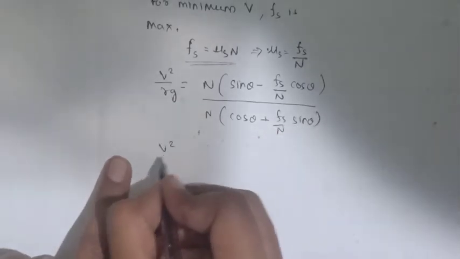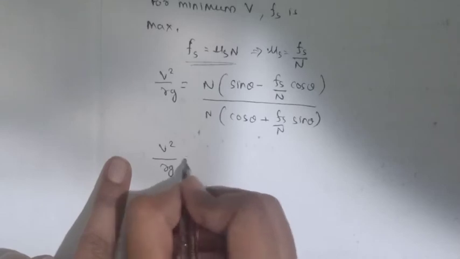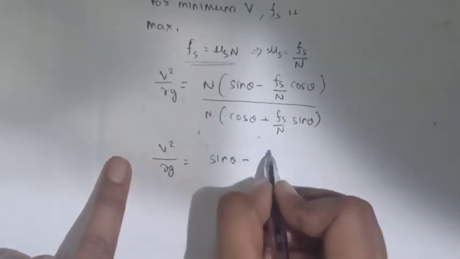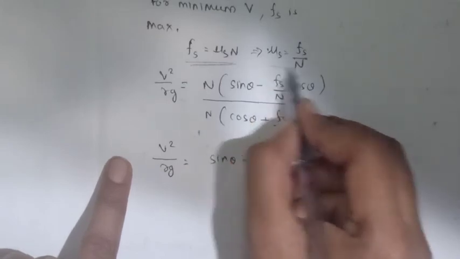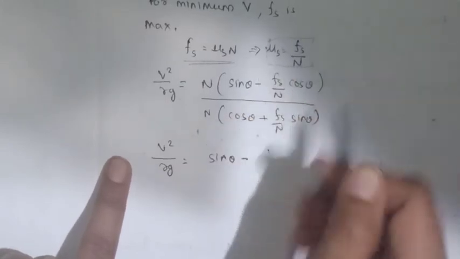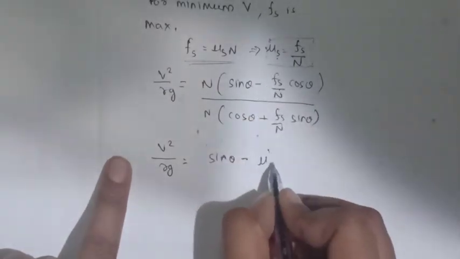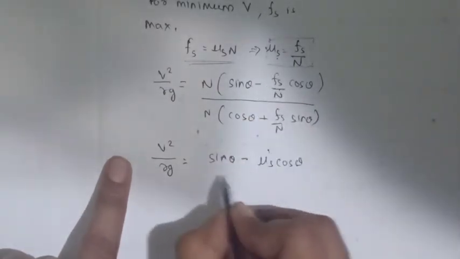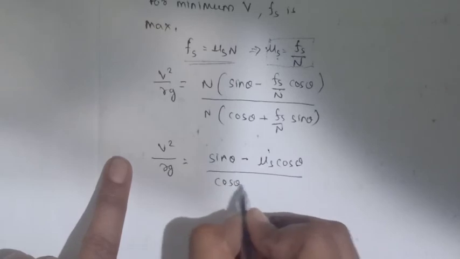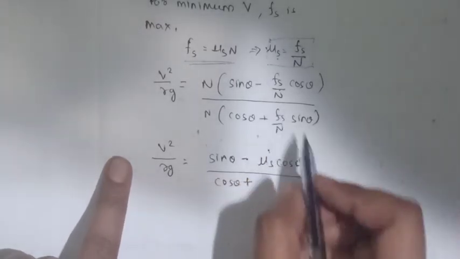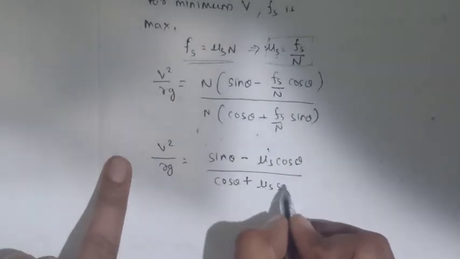By solving this you will get v square by rg, and N will be cancelled. Fs by N is nothing but mu s. So you will get sin theta minus mu s cos theta divided by cos theta plus mu s sin theta.